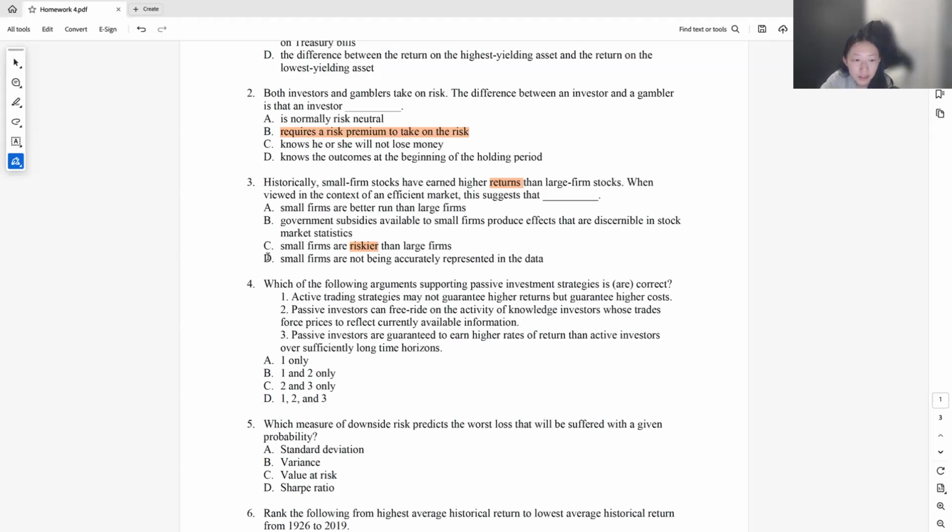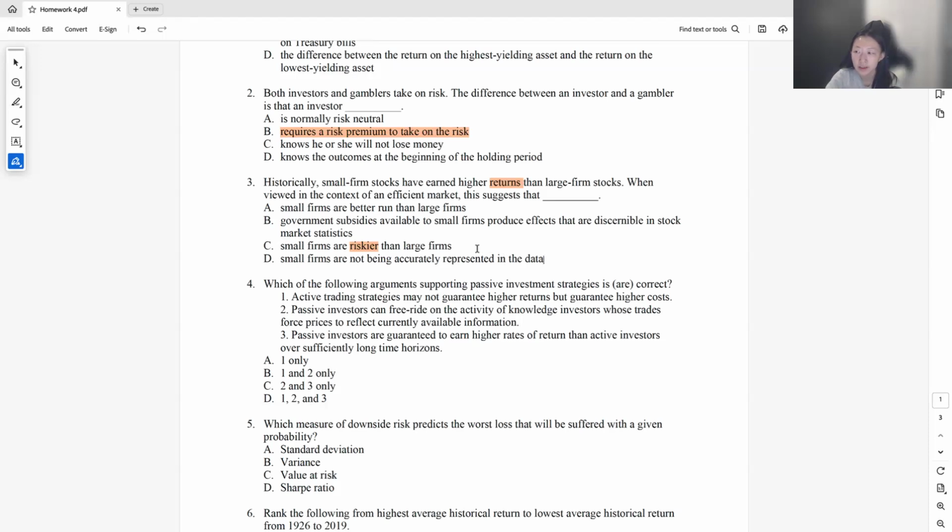So D, small firms are not being accurately represented in the data. So D is basically questioning the data. When you look at this, probably based on your knowledge, you're not able to tell if D is right or wrong. But when you are working on questions like multiple choices, you may want to choose the ones that you are more confident with.